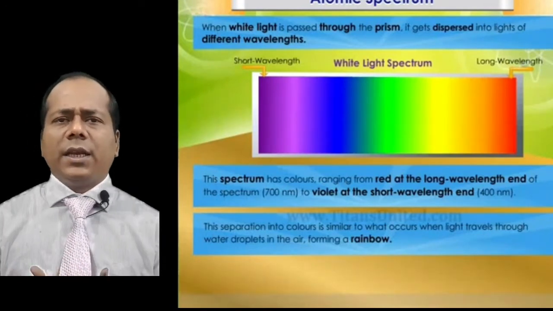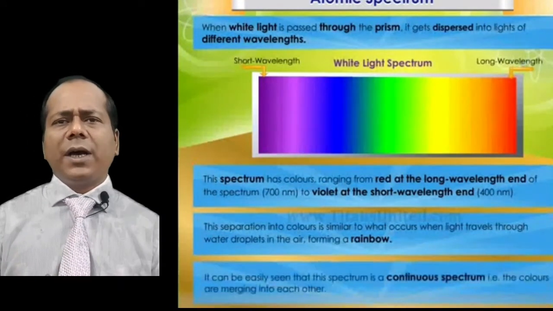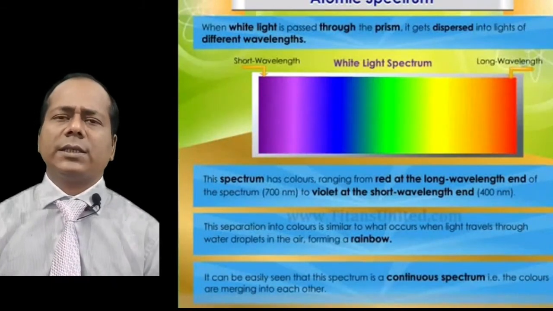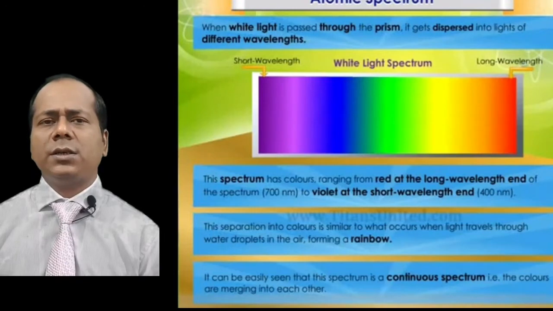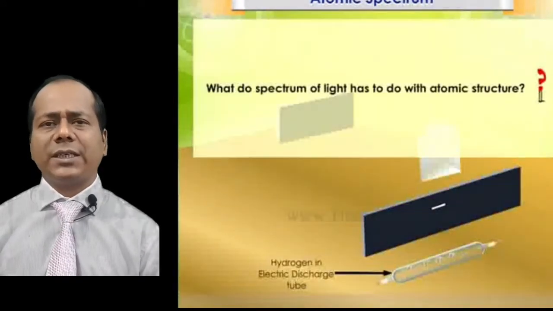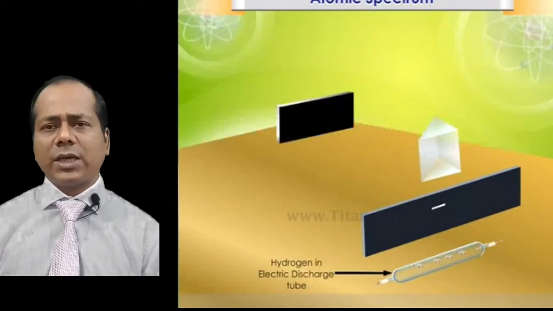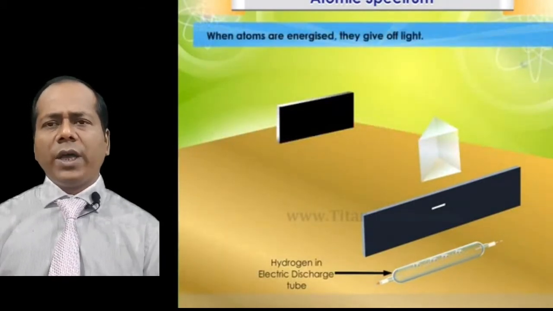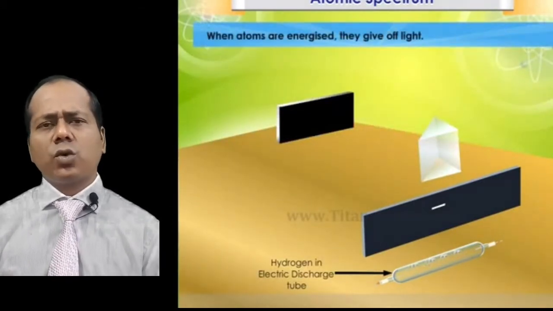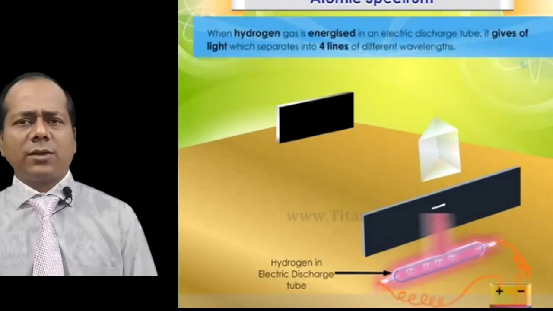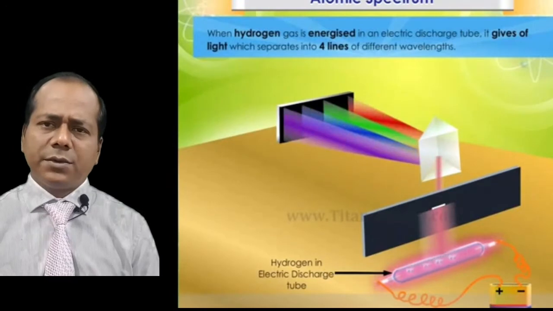When an electric current is passed through a glass tube that contains hydrogen gas at low pressure, hydrogen atoms get excited and emit radiant energy. When this light is passed through a prism, narrow bands of line spectra are observed.